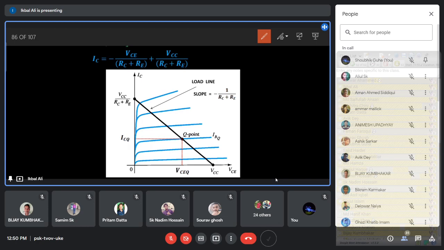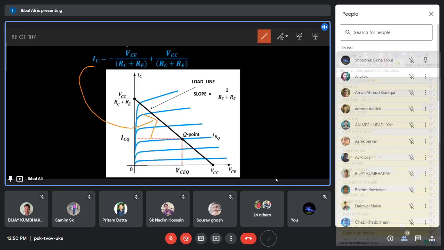So this equation is a straight line equation, and if you plot IC versus VCE, it will be a straight line. If you plot it, it will be like this.